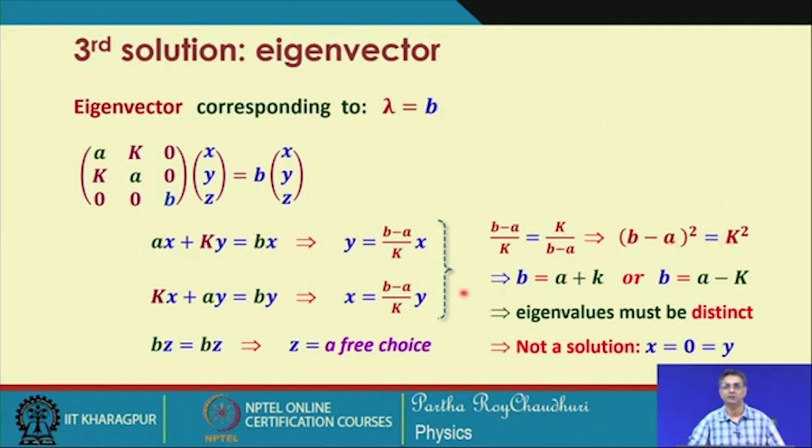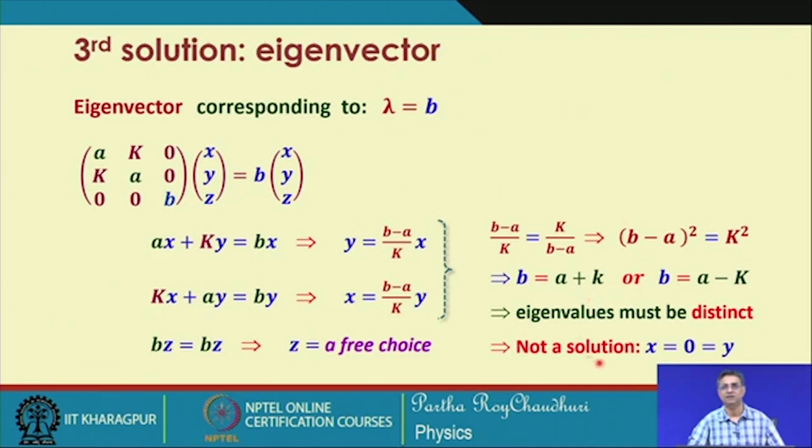Therefore, b will be equal to a plus k or b is equal to a minus k. So, both the possibilities, a plus k or a minus k, are included, but eigenvalues must be distinct and they should not merge, they should be separate.